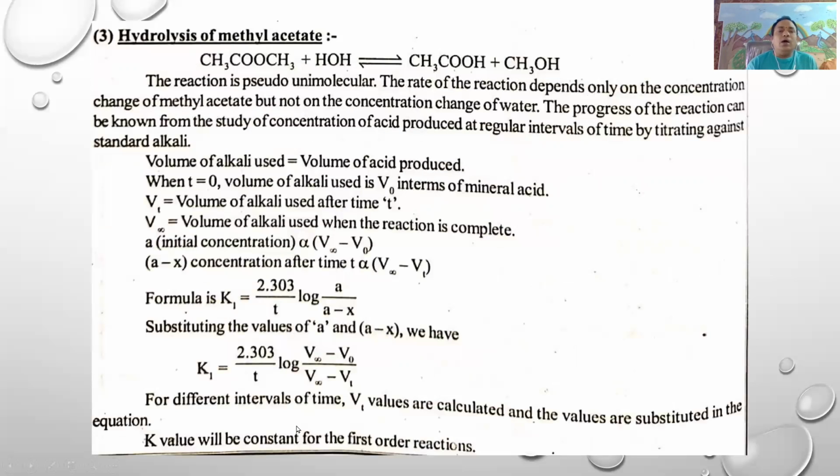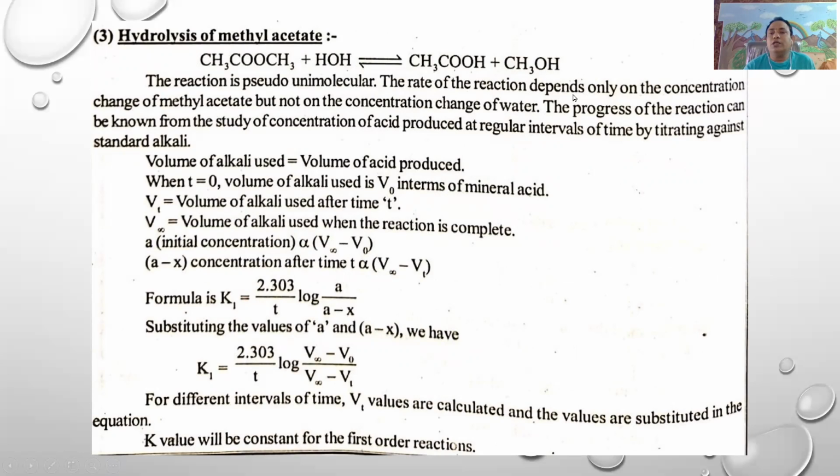Next, another example, hydrolysis of methyl acetate. The reaction is pseudo unimolecular reaction, that is methyl acetate plus water. It gives rise to acetic acid and methyl alcohol. The reaction is pseudo unimolecular.